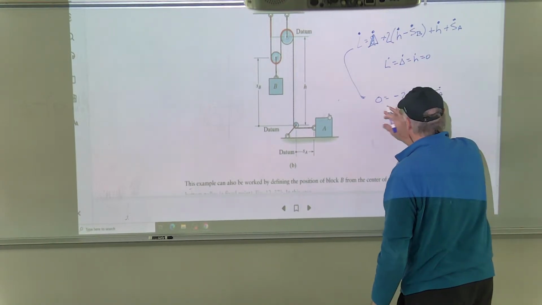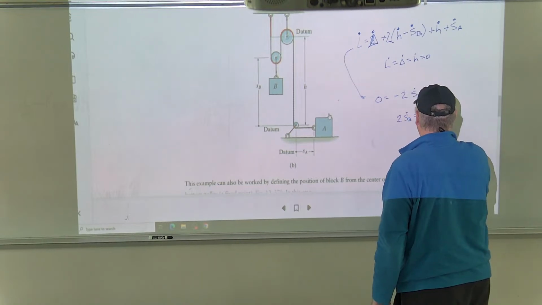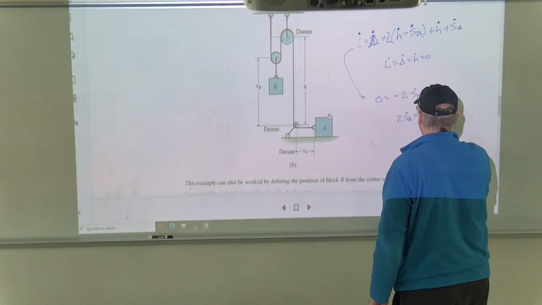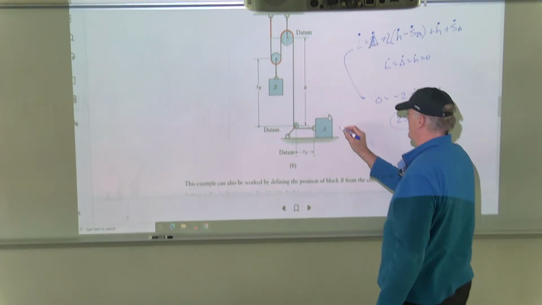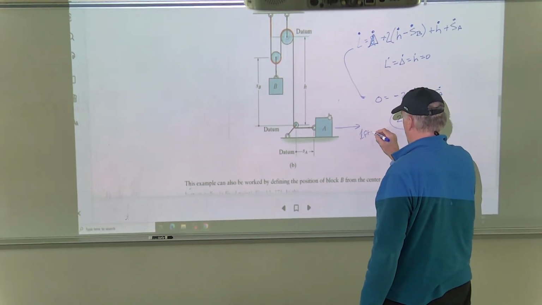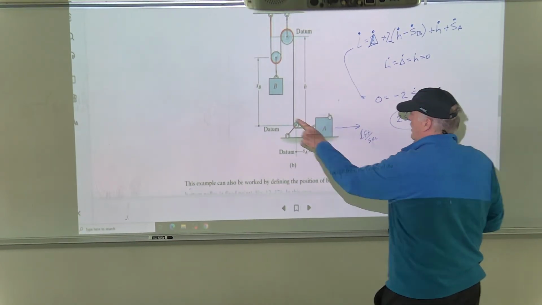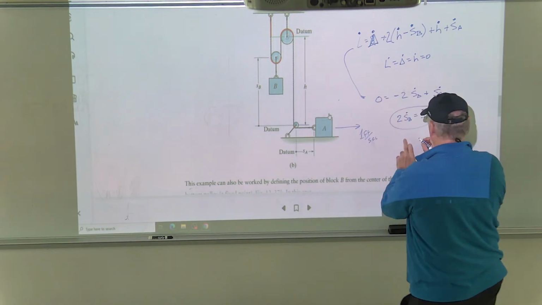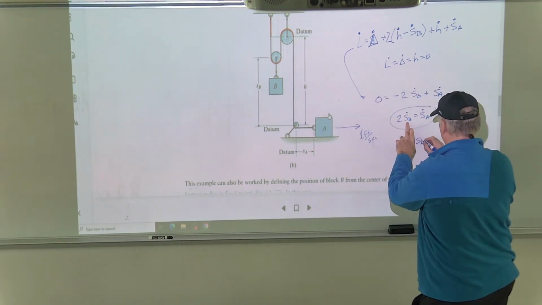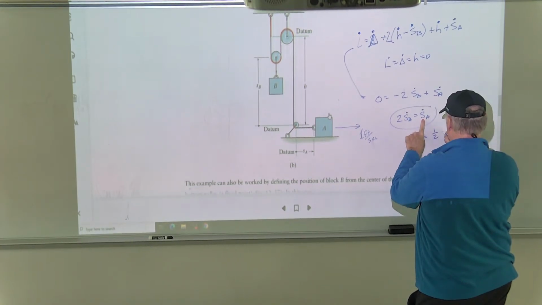Now if you move this over, you'll get now 2SB dot equal to SA dot. Now let's say this is moving to the right at 1 foot per second. Okay, so that means SB dot is equal to, put in 1 here, and you get 1/2 foot per second.